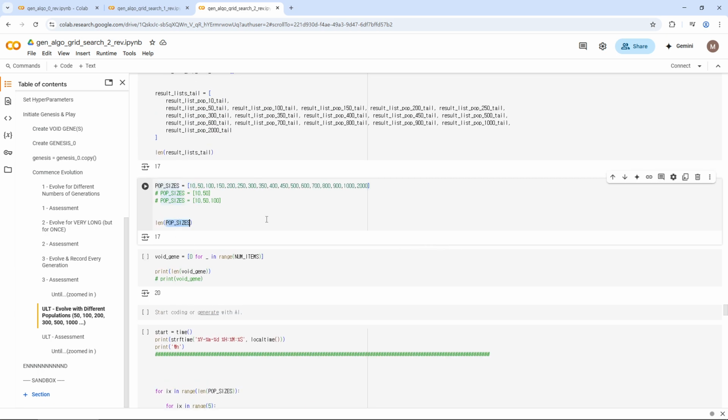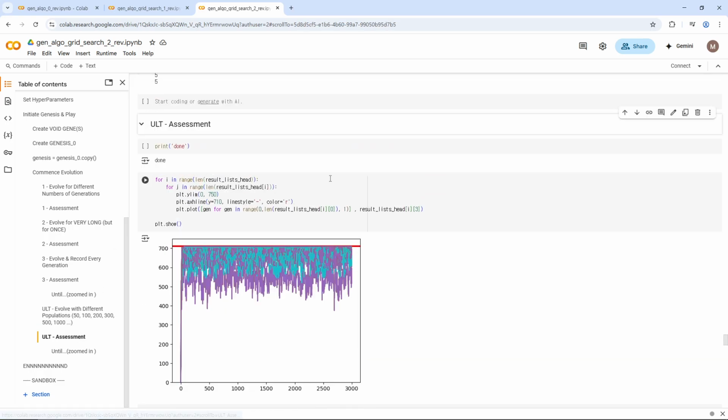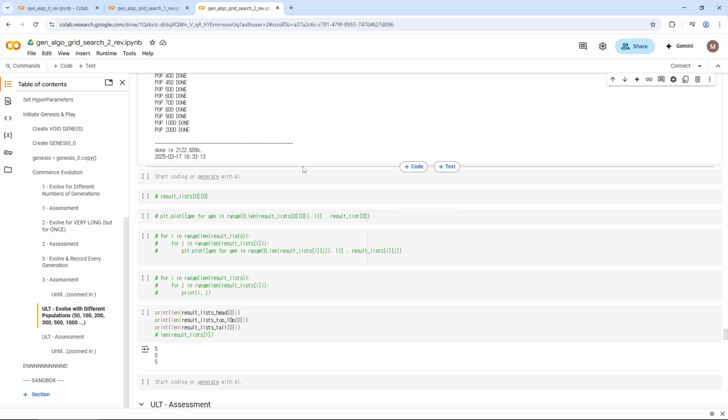So there are 17 different population sizes, and if I run this, it will take about 2100 seconds. So on Google Colab, it's going to take me 8000 seconds, about 140 minutes, 120 to 130 minutes.